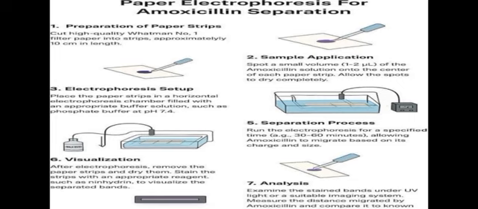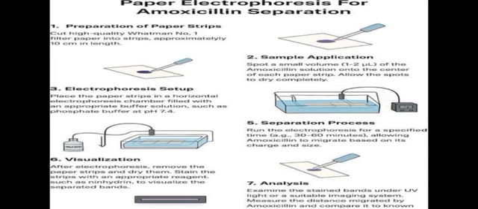Allow the spots to dry completely. Third step, electrophoresis setup. Place the paper strips in a horizontal electrophoresis chamber filled with an appropriate buffer solution such as phosphate buffer at pH 7.4. Next step, separation process.